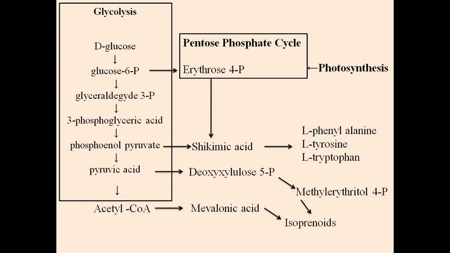The isoprenoids are the building blocks for monoterpenoids, diterpenoids, triterpenoids. And next, acetyl coenzyme A can also be used to form fatty acids, macrolides, aromatics. We will discuss these in the acetate pathway.